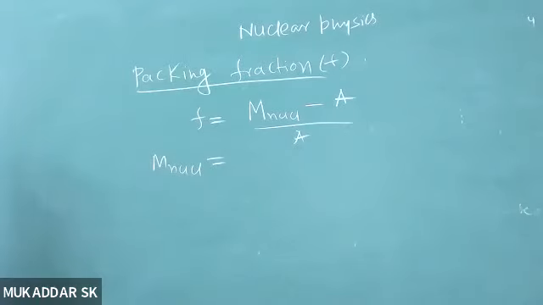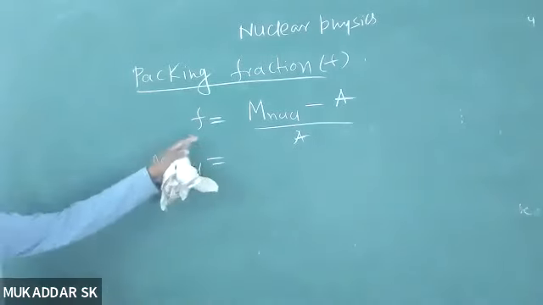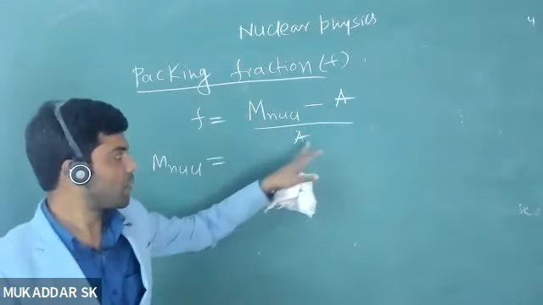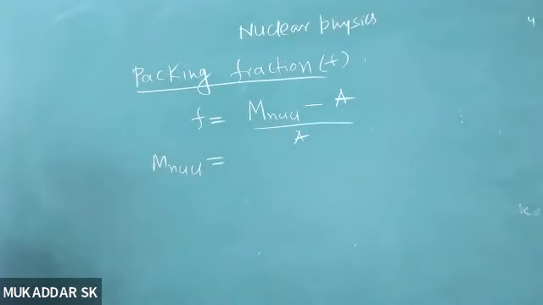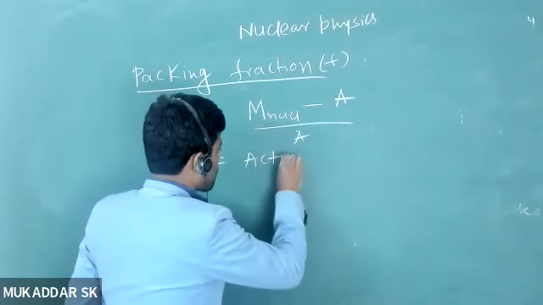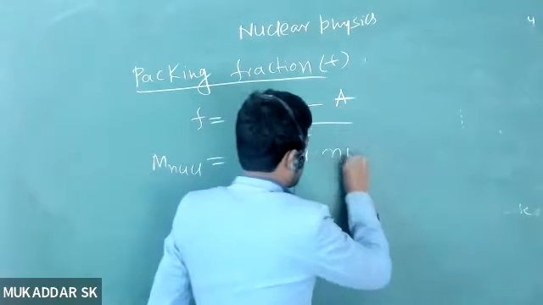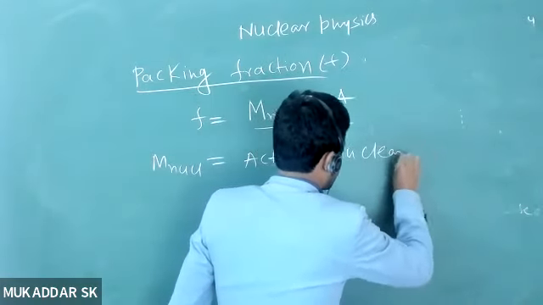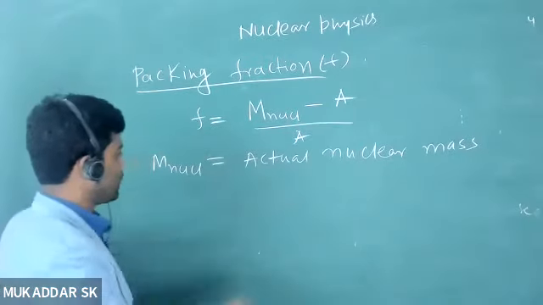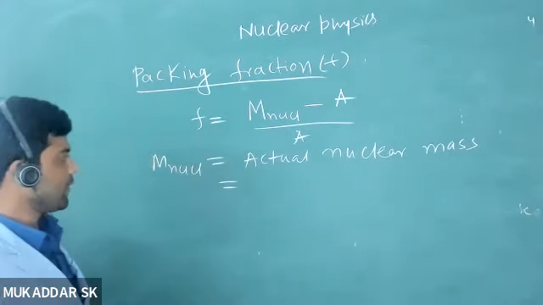Exactly, mass number. So the packing fraction of a nucleus is defined as actual nuclear mass minus mass number divided by mass number. Okay, so M nucl is the actual nuclear mass. And that will be कौन सा यूनिट में होती है?